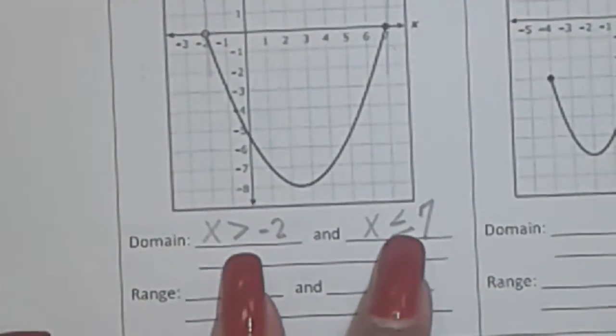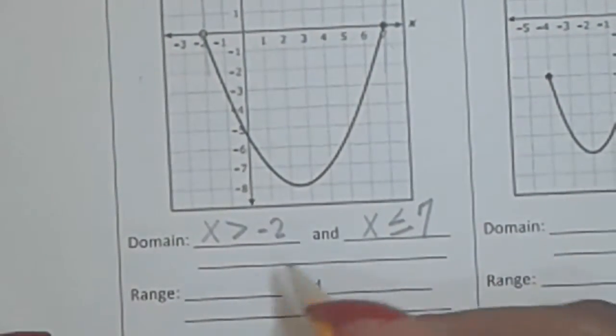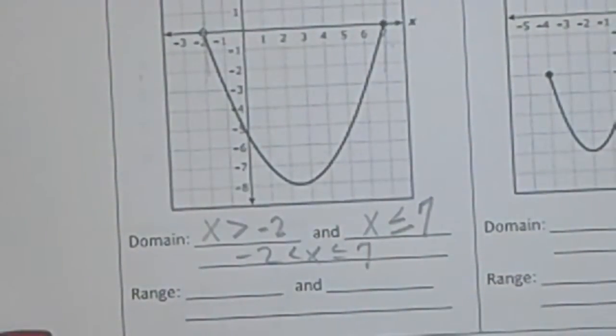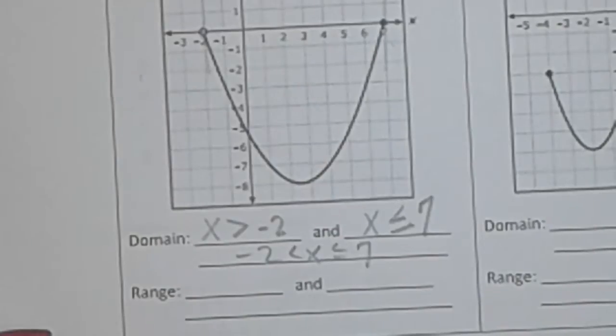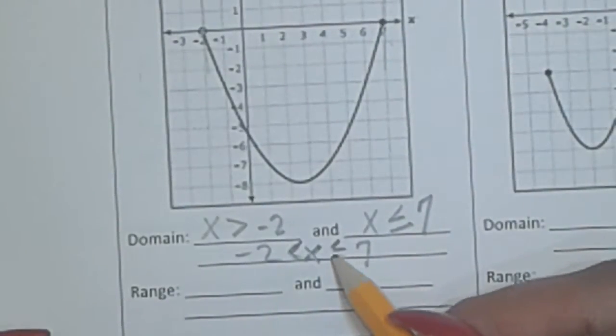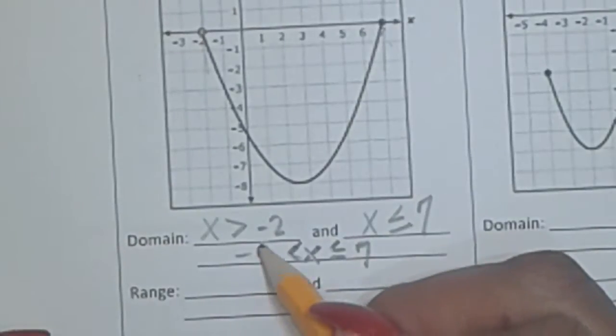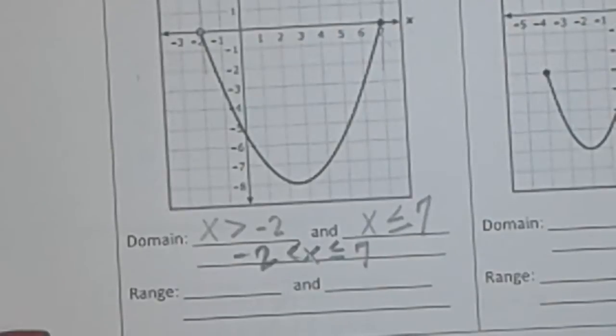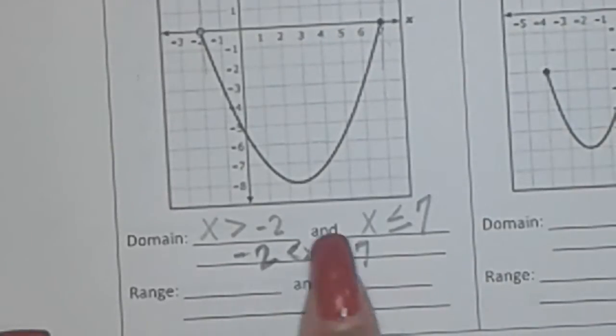And I know seeing that split up is different because you're used to writing it like this. And this is the way we write it, as a compound. Well, let me say it correctly. When you're given a compound inequality, this is how you write the result.